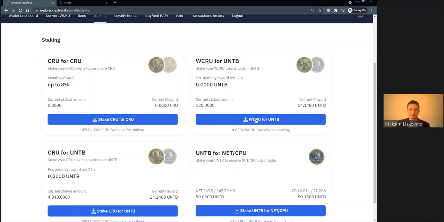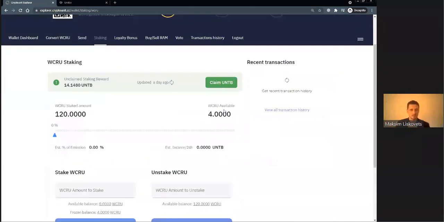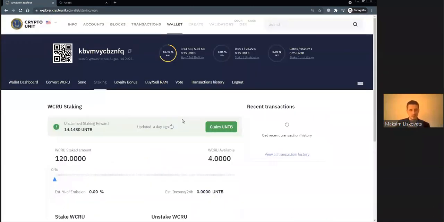Okay, so to say, we would like to stake World CRUs for UNTB. As of today, I've staked 120 World CRUs to mine UNTB. We go to this page by clicking this button, and you see the following information.